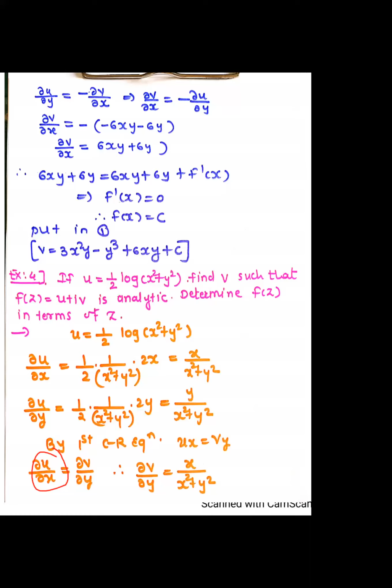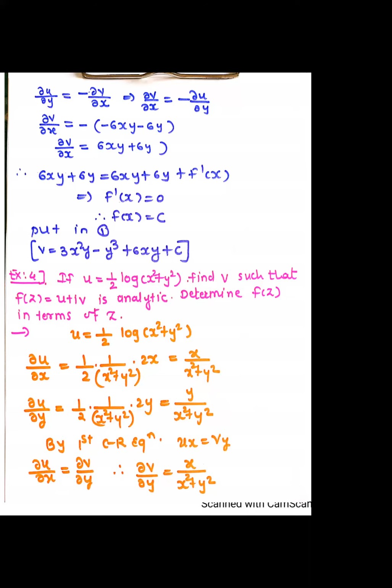w by x is x upon x square plus y square. So that value we have to substitute here. v by y equals to this. But our aim is what? Our aim is to find only v. So we have to cancel that w upon y.